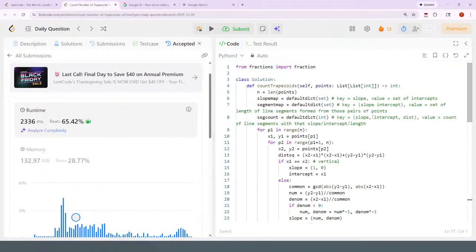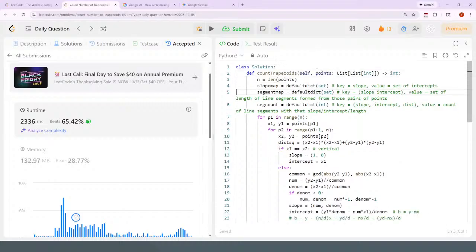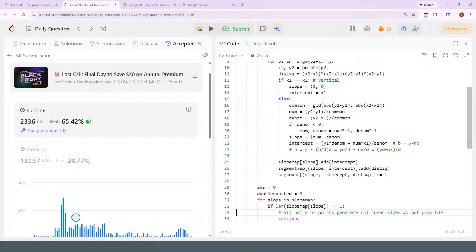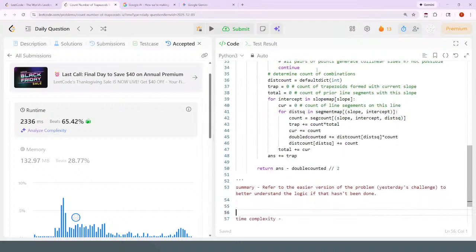So here, what's the deal? Oh, I don't need input fractions anymore. So the key parts to the above solution are to address how to track the different line segments that can be formed by any pair of points.